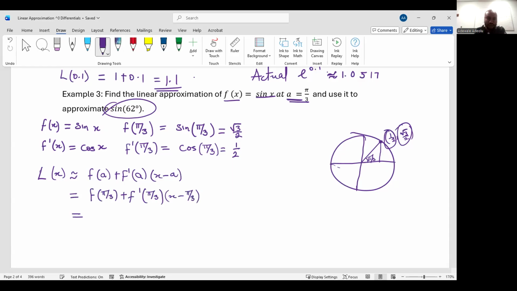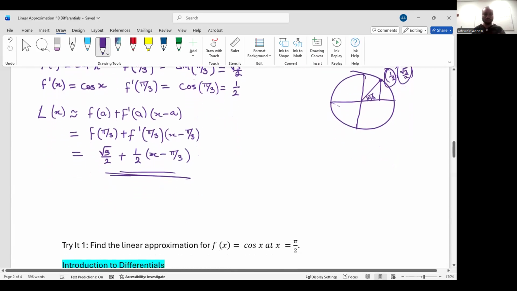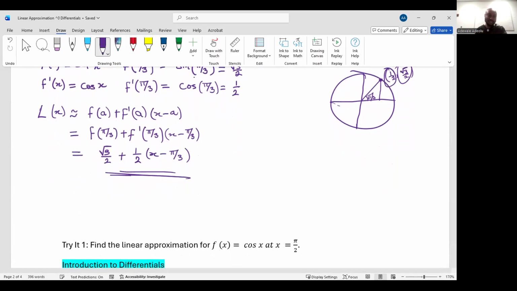So this is root 3 over 2 plus 1/2 times x minus pi over 3. So this is the linear function that linearizes sine of x at x equals pi over 3. Now, we want to use it to evaluate.